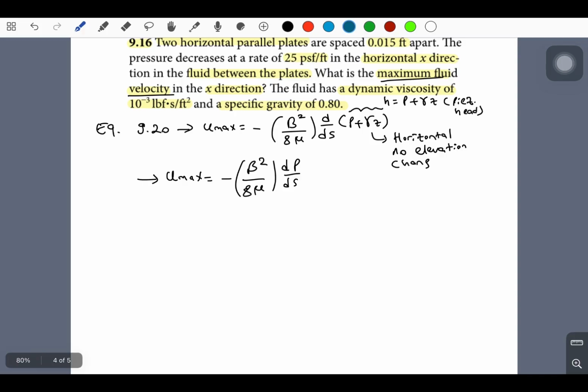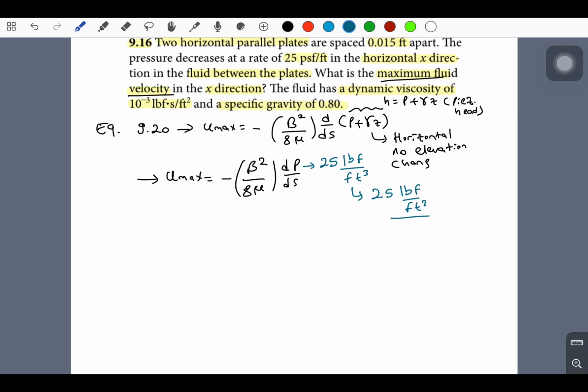So this means we actually have 25 pound per cubic feet. And this is coming from the psf, which is pound force per square feet.